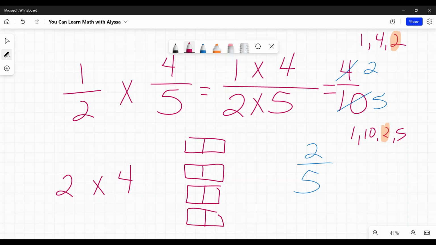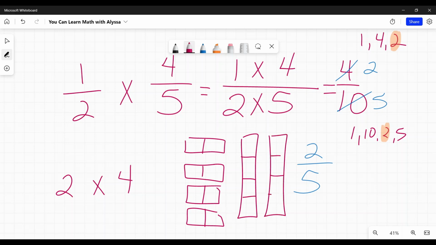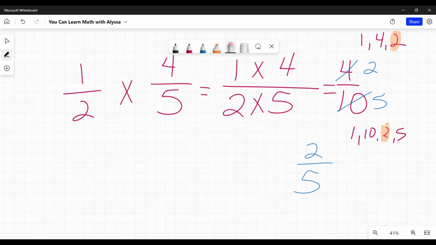And depending on your math book, they might have presented this as 4 blocks 2 times. It's the same thing because we can reverse them. 2 times 4 and 4 times 2. So, okay, that's easy to visualize. 2 4 times or 4 2 times. All right, that's easy to see, but what about fractions?